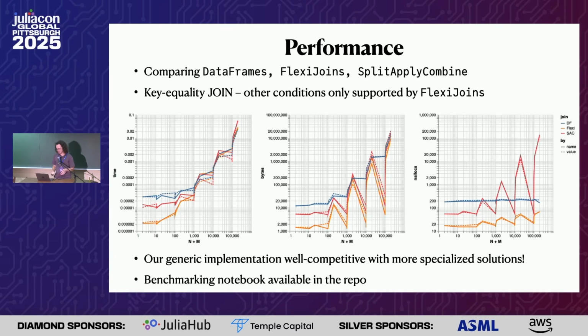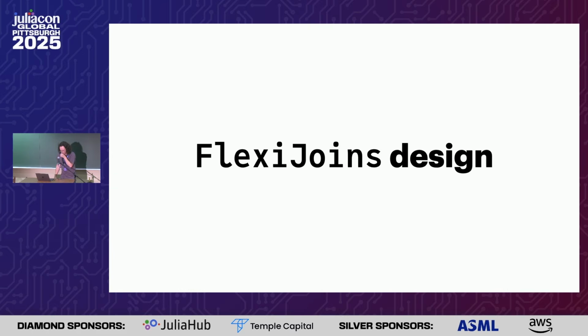At very large sizes, I think DataFrames typically gets faster. They have very optimized implementations for many cases. But again, neither DataFrames nor split apply combine support other kinds of joins. So it's nice that with the generic implementation, FlexiJoins can be really competitive with more dedicated specialized solutions. The benchmarking notebook is available in the repo. You can tweak it with different sizes and run it as well.